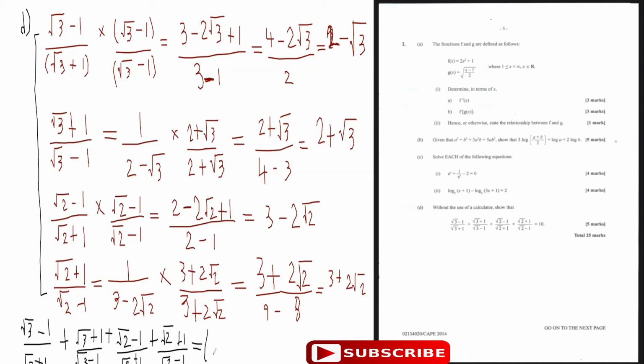The first one is 2 minus root 3, plus 2 plus root 3, plus, that's now 3 minus 2 root 2, plus 3 plus 2 root 2.